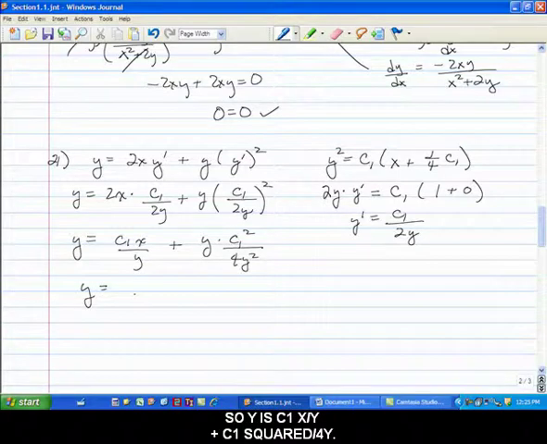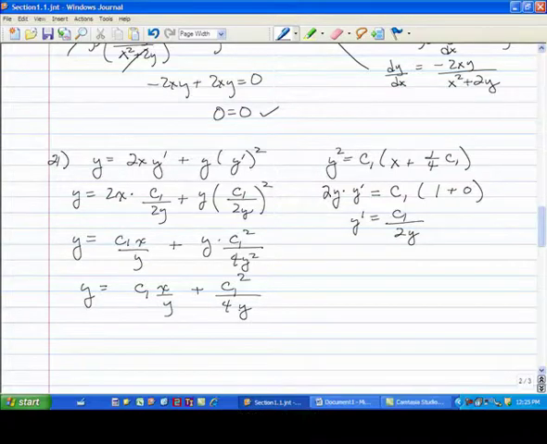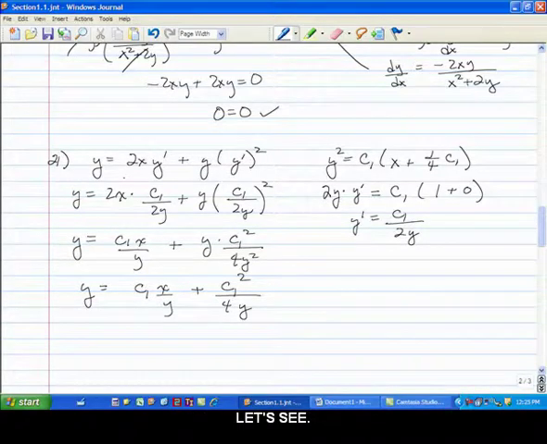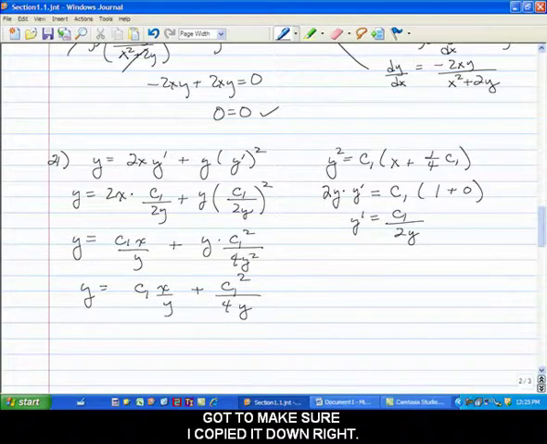So y is c1 x over y plus c1 squared over 4y. That doesn't look like an identity, does it? Let's see. 2x y prime. Gotta make sure I copied it down right.